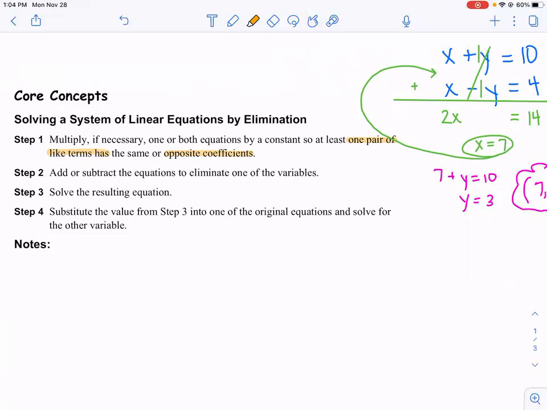When you do that, then we can add our equations and one of our variables will be eliminated. We then have an equation that we can solve. And then we can substitute into one of the original equations. It is a beautiful thing.